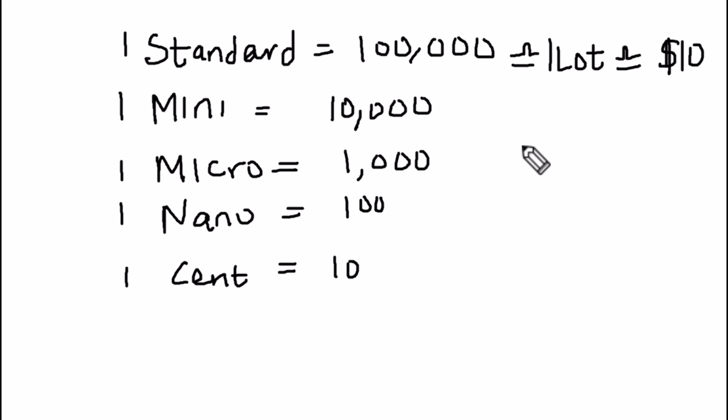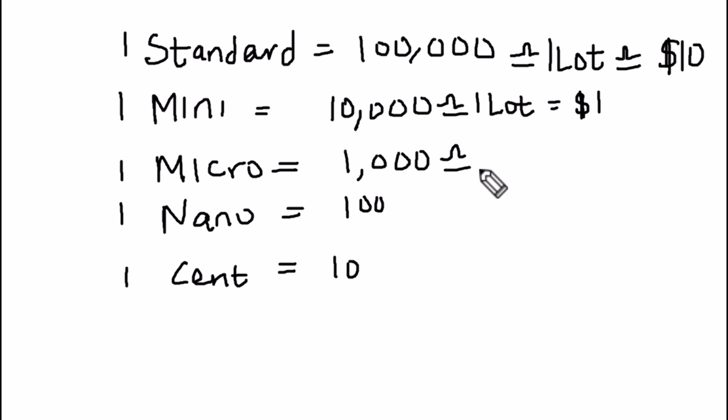On each pip move, if you initiate one lot size, that is $10. On mini account, if you initiate one lot size, that is what? $1.